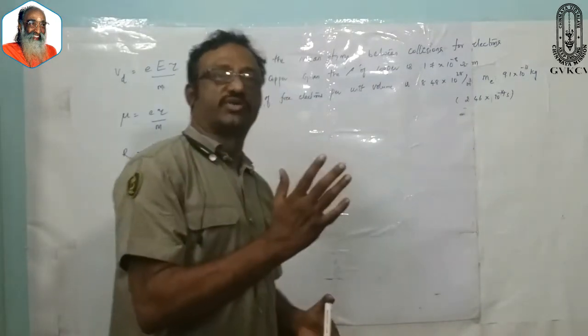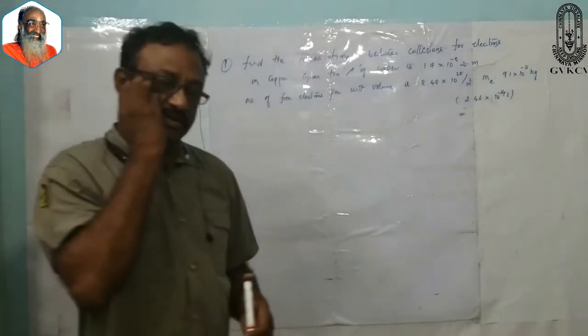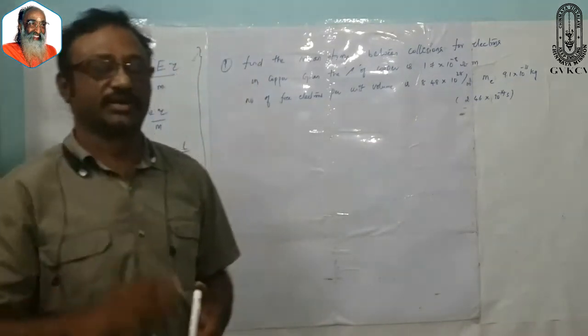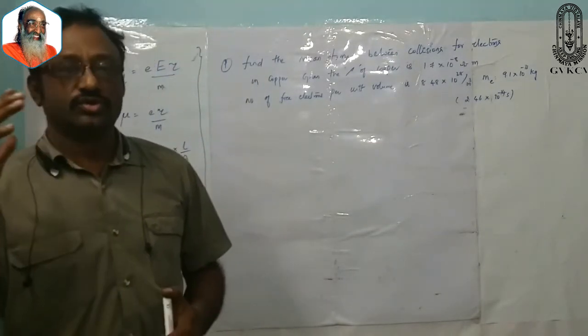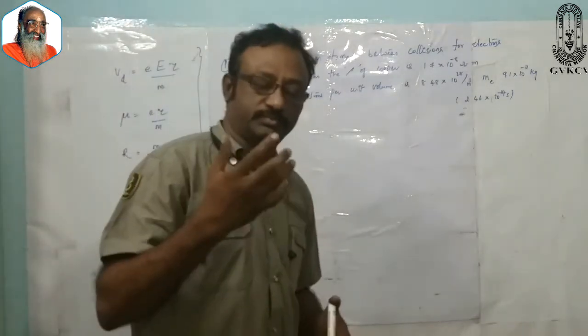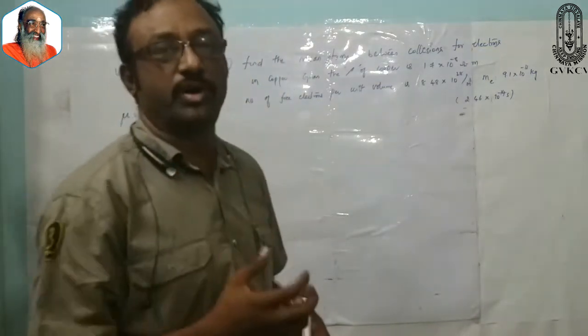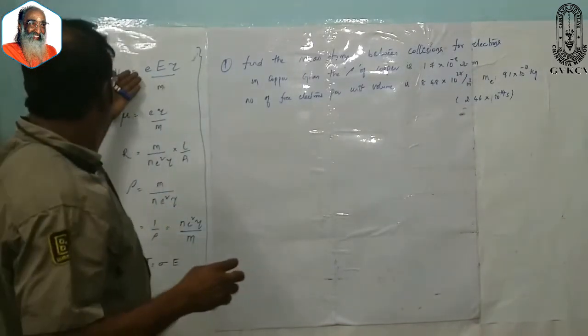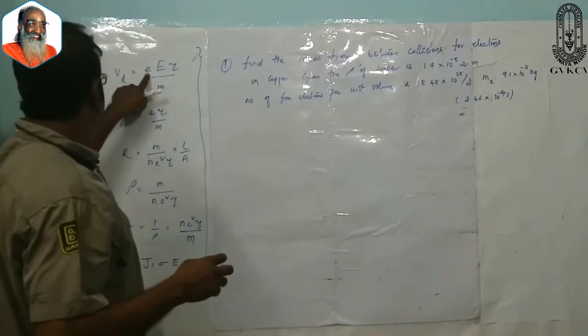How to remember these formulas: not by just learning them like you learn the seventh table or eighth table. We have to do the numericals, the problems based on these formulas, so that you can understand what is n, what is capital E, and what is small e.